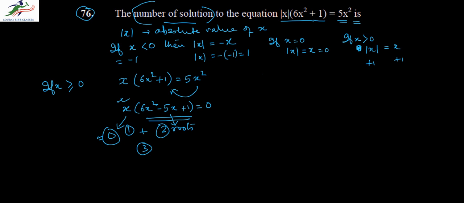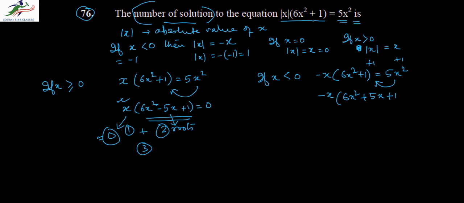And the second possibility is if x is less than 0, then the equation becomes minus x into 6x square plus 1 is equal to 5x square, or we can write minus x, we move this side, into 6x square plus 5x plus 1 is equal to 0.